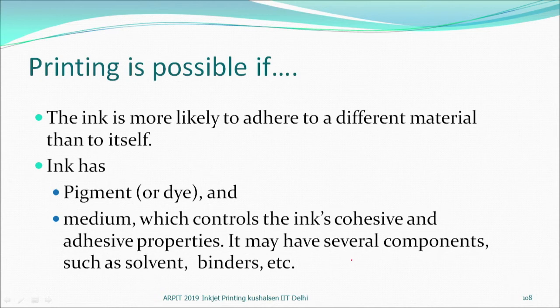The ink must have a pigment or a dye, the right kind of dye, in a medium which controls its cohesive and adhesive properties. It would have a large number of components like solvents and binders. Binders will be in a pigment ink. If you have a pigment ink, you have to have a binder. All of them will change the flow dynamics.